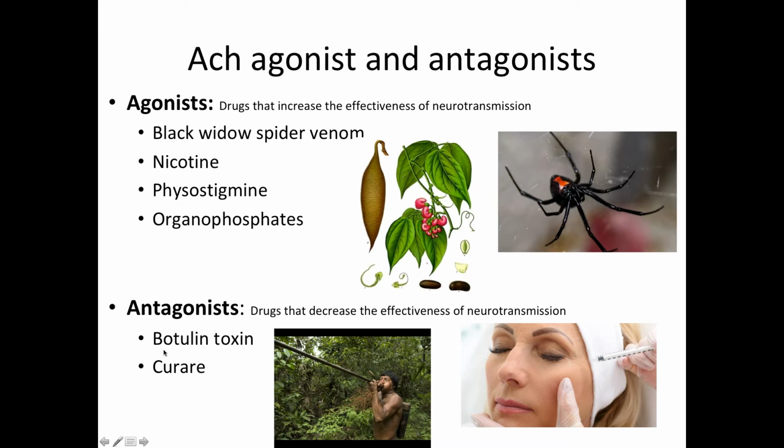And then botulinum toxin is an acetylcholine antagonist because it blocks the release of acetylcholine. It is used in medicine because it paralyzes the muscle, and therefore it can block twitches. It's also used in cosmetic surgery to reduce wrinkles by relaxing the muscles, and sometimes to reduce pain.